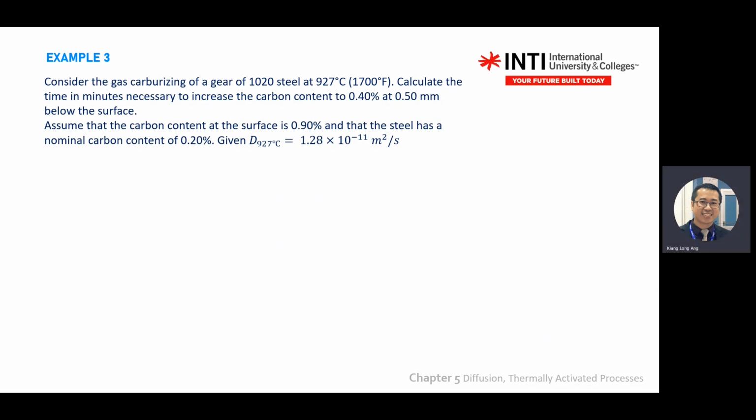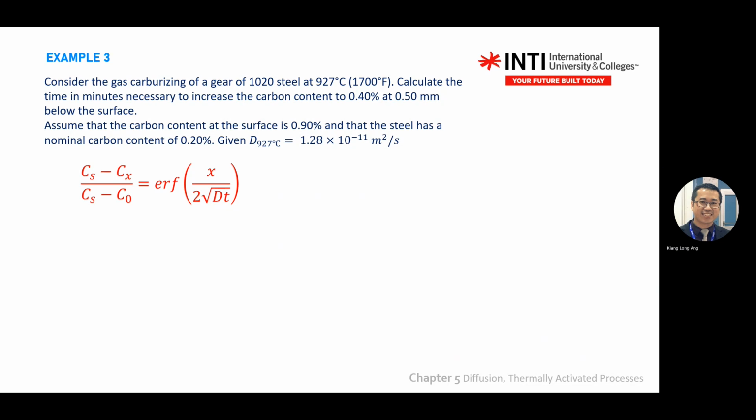Calculate the time in minutes necessary to increase the carbon content to 0.4% at 0.5 mm below the surface. Assume the carbon content at the surface is 0.9%, and the nominal carbon content is 0.2%. Given the D value at 927 is 1.28 times 10 power negative 11 m squared per second.